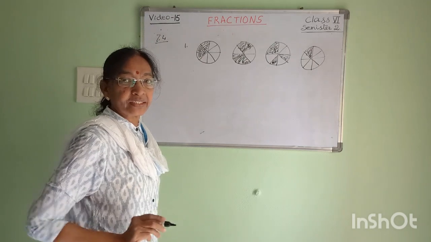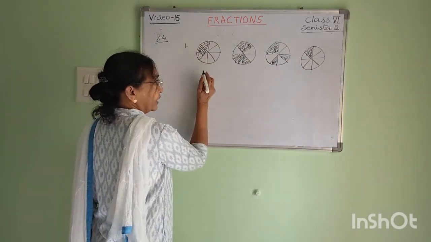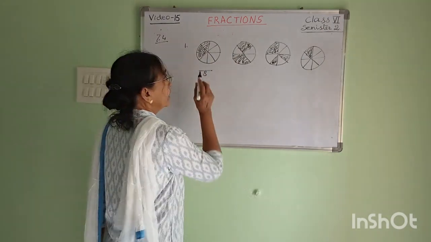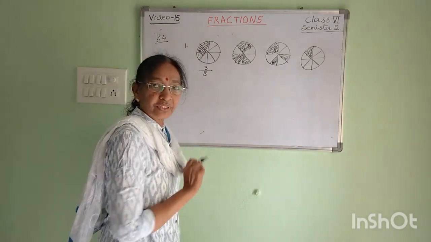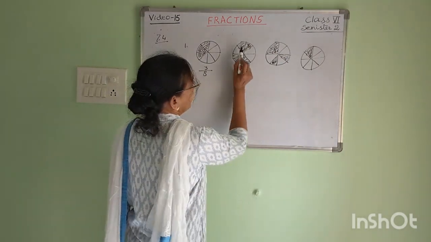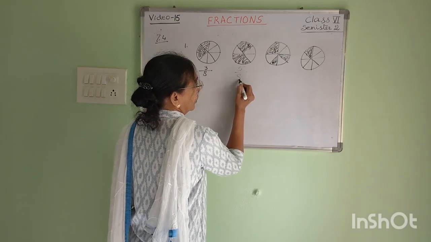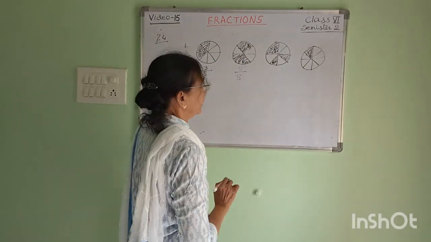So we can write the fraction of the shaded portion. Here the total number of equal parts is 8. We write it as the denominator, and the number of shaded parts is 3. Therefore this fraction is 3 by 8. Here 1, 2, 3, 4, 5, 5 shaded parts and the total parts 8. Therefore the fraction of the shaded portion is 5 by 8.